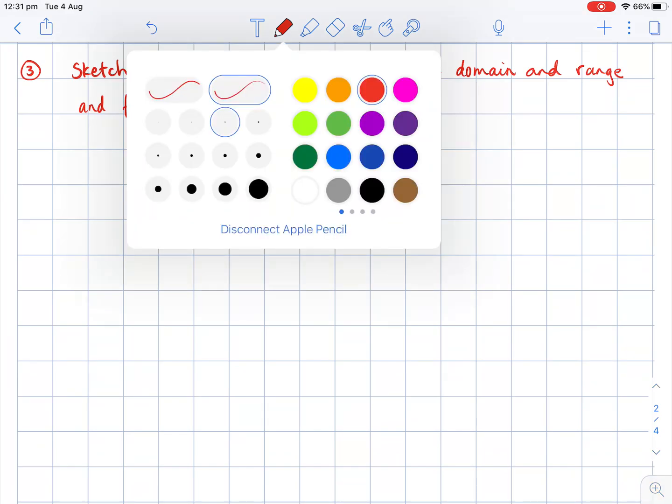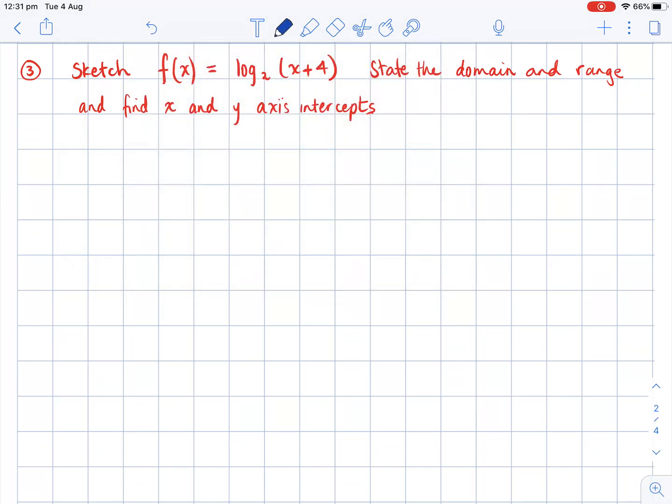Alright, my process for doing this is I start with a quick sketch and look at the transformations to consider where my graph's going to go. So my original log graph has an asymptote at x equals 0 and goes like this with an intercept at 1, 0.